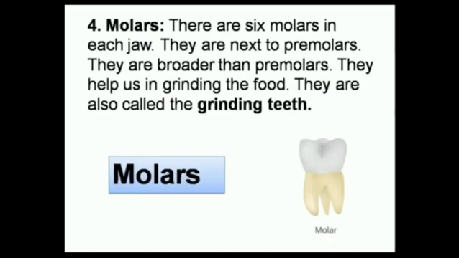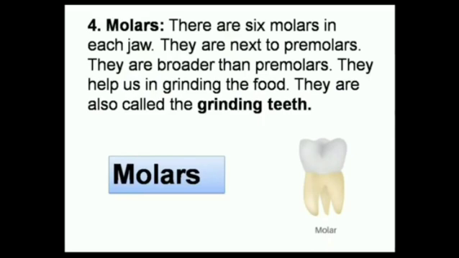Their function is similar to the premolars. Just as premolars were used to cut the food, molars are also the same. Their function is totally similar to the premolars, but they are used to grind the food further into a fine paste.